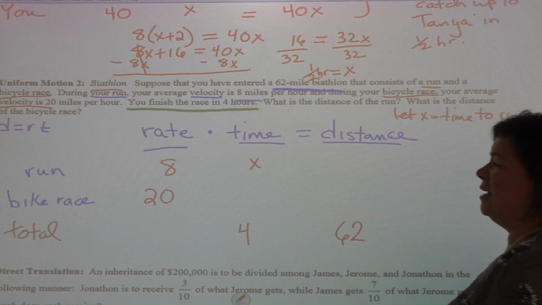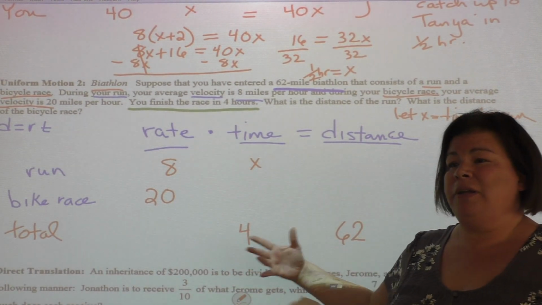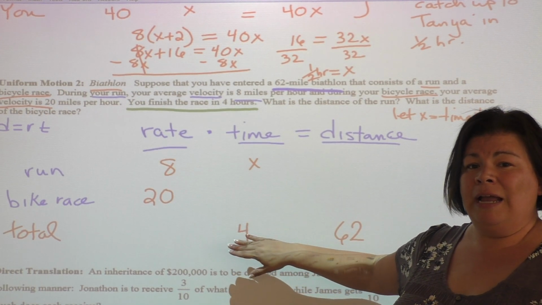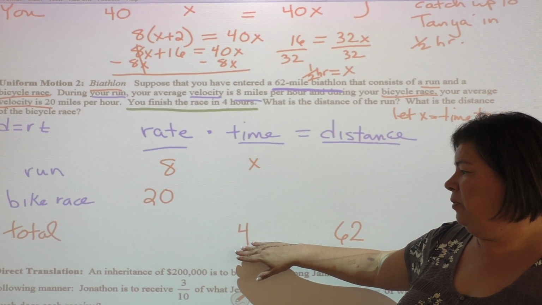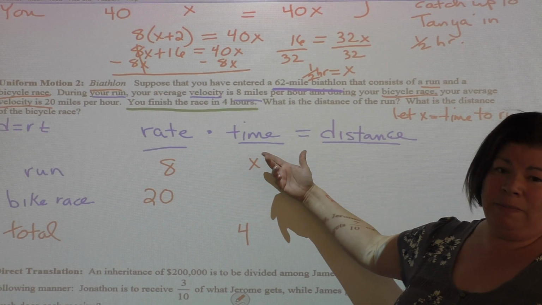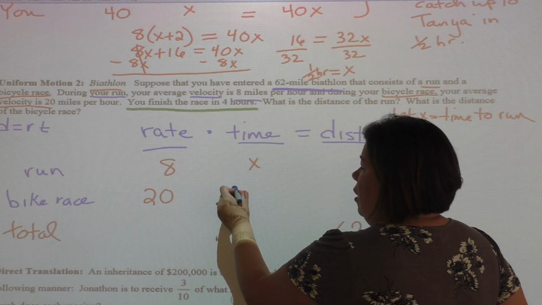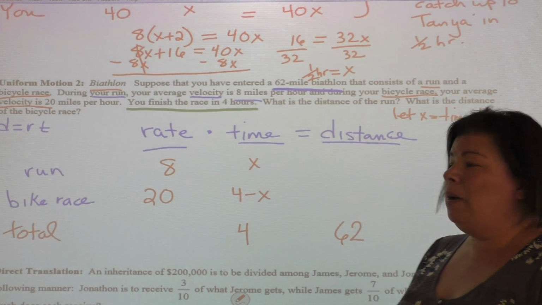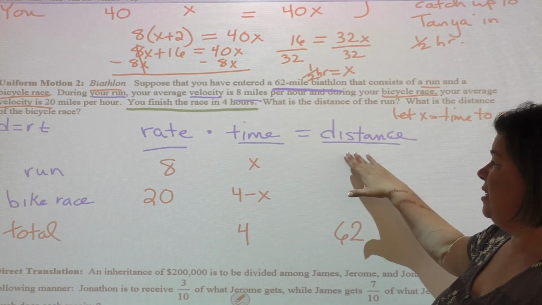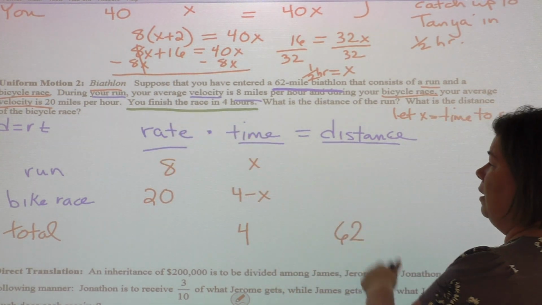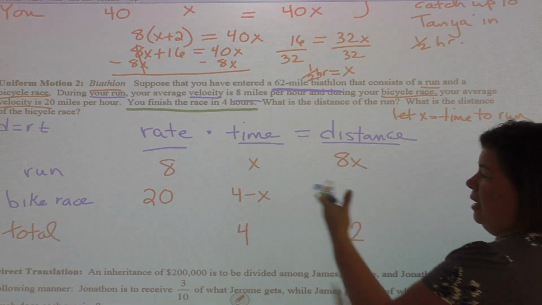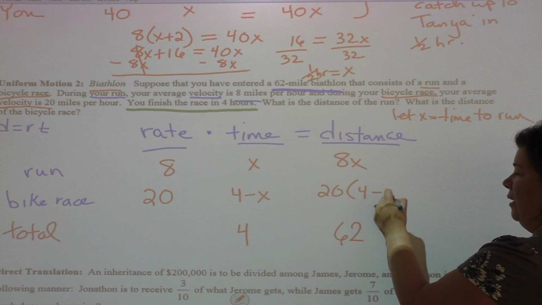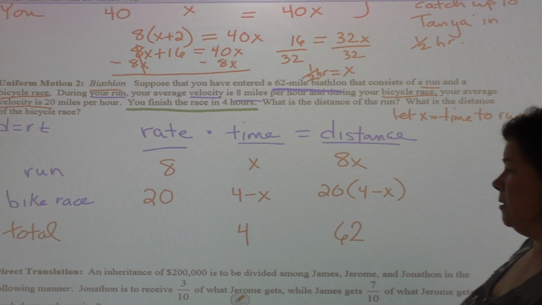If we define that as x, and remember we've seen this plenty before when we were dealing with investment problems, if our total time it took the biathlon to complete that event was 4 hours, and we spent x amount of hours running, then it took 4 minus x hours to bike ride. And our distance is exactly rate times time. So 8 times x is 8x. Here, the distance is 20 times this whole entire quantity, 4 minus x. Again, you have to make sure you put that in parentheses.